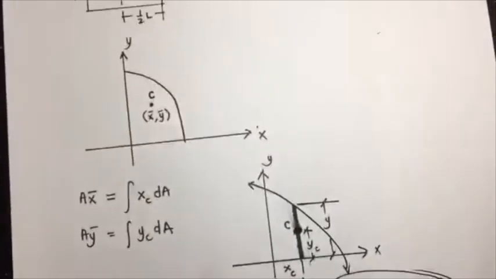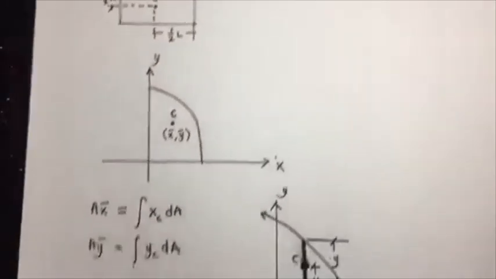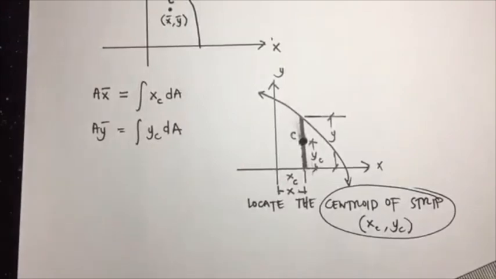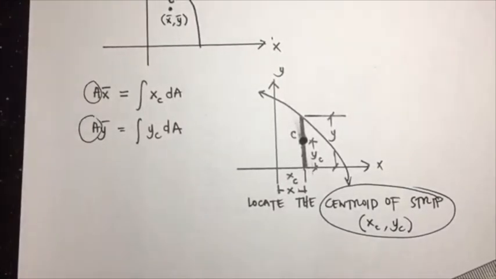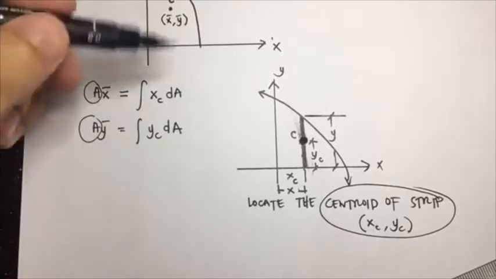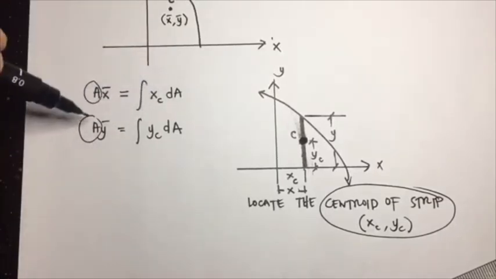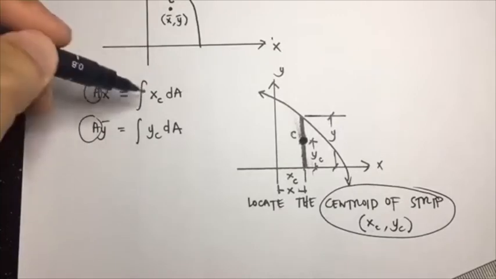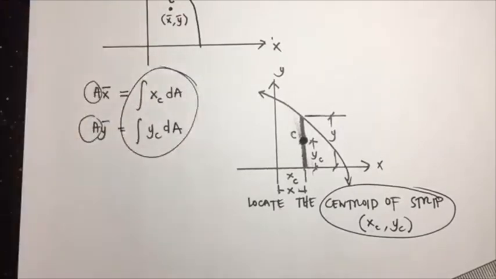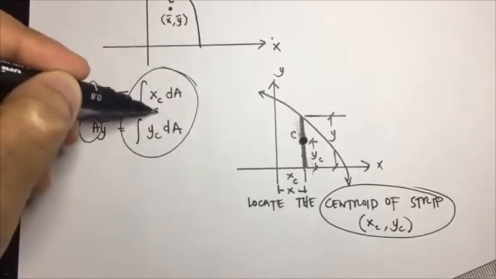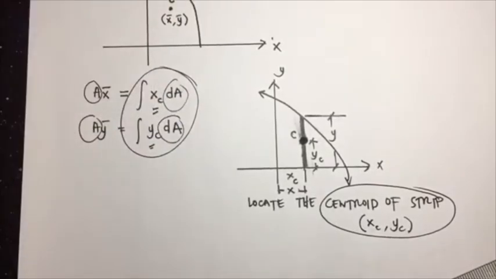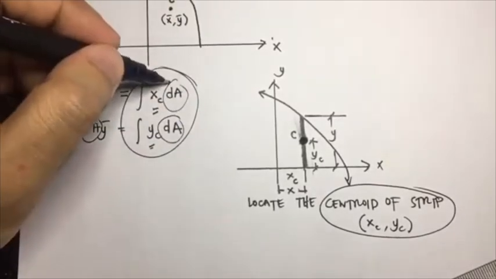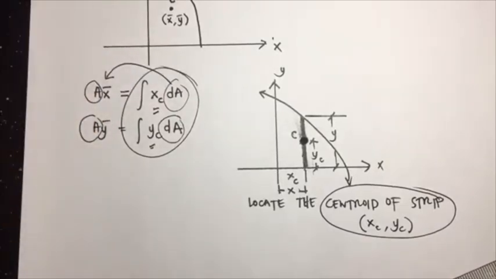Obviously, for us to solve for the centroid, first we must solve for the area, and then perform this integration. The xc, yc and the dA actually is the same differential area that we use to solve for the actual area of the curve.